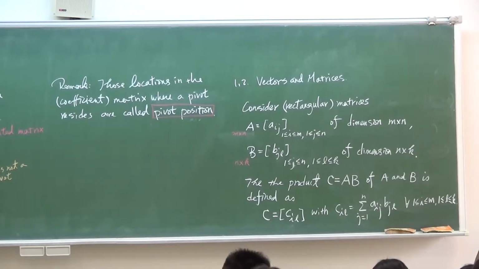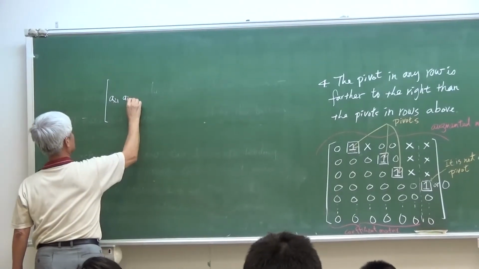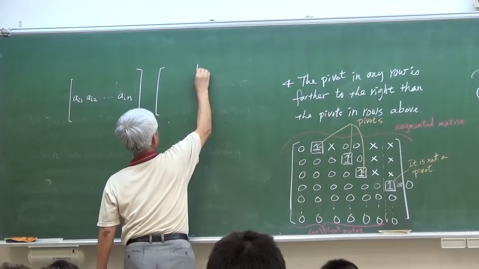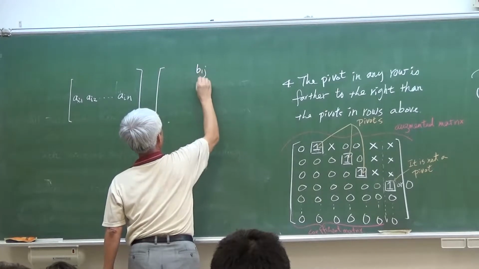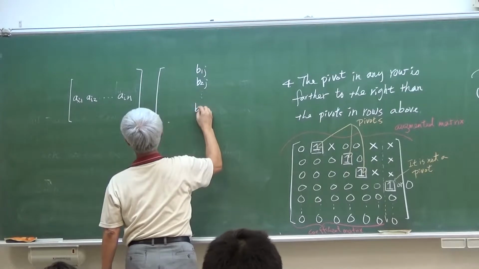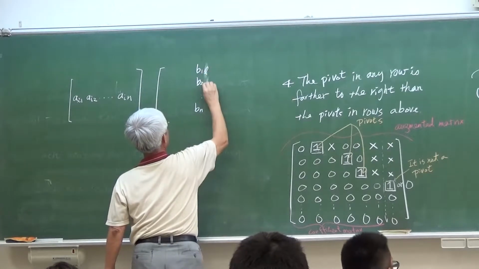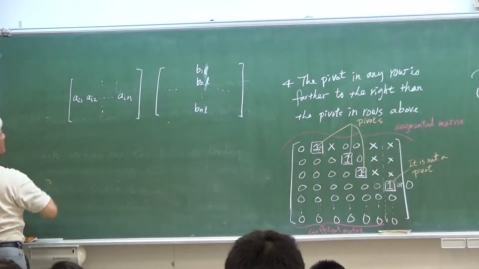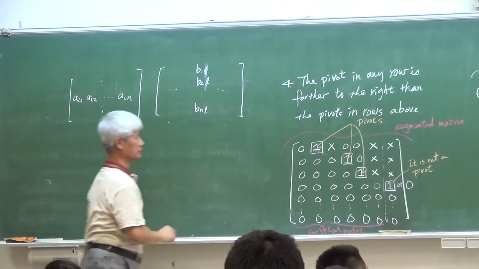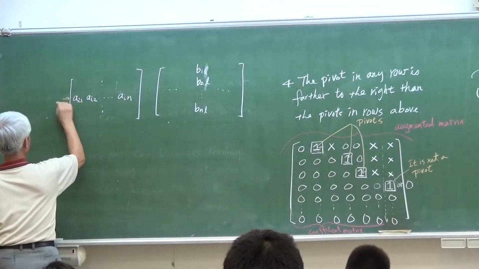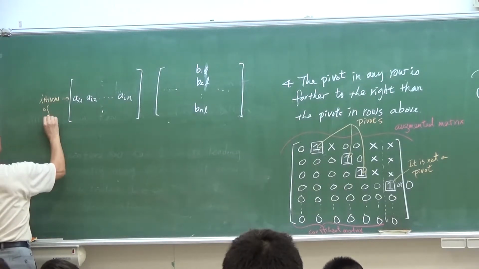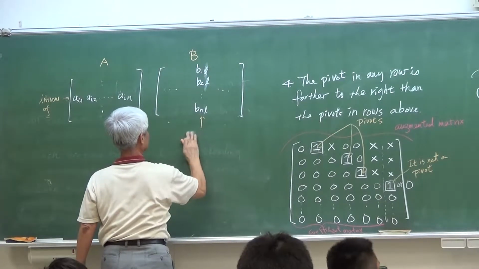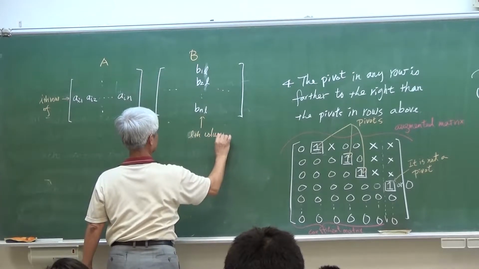So when we look at here, this is matrix A, this is matrix B, and here is the first column.